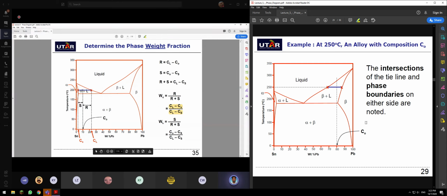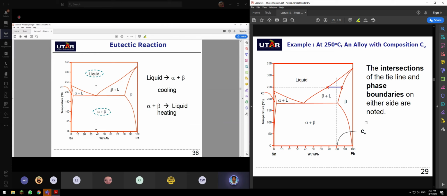And then if you want the composition of liquid over here, you need to take S, which is C0 minus CS, divided by the whole composition, which is CL minus CS. Okay, this is the lever rule. If you want to find this one, use S. If you want to find this one, use R.